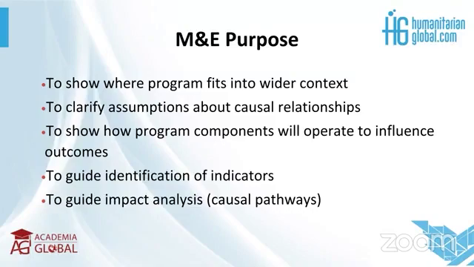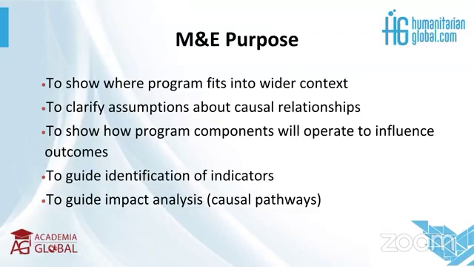It also helps you to clarify assumptions about causal relationships. Like I have insisted, assumptions are the backbone, the make or break of the theory of change. So you want to clarify the assumptions about causal relationships that you have between your outputs and your outcomes and your long-term outcomes or impact that you would like to see.